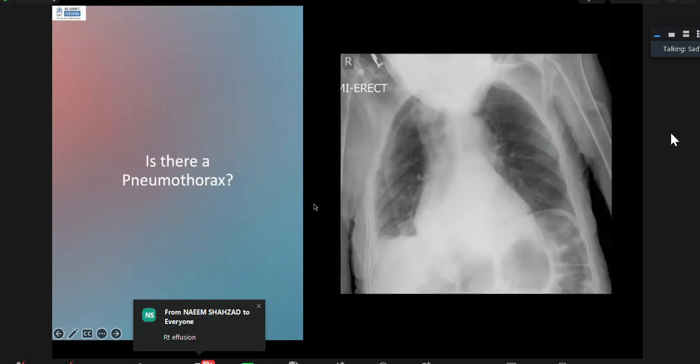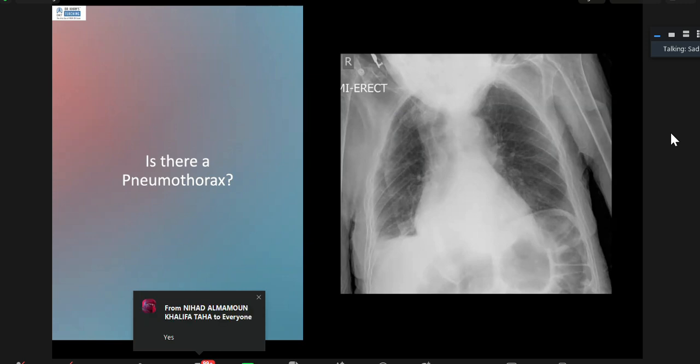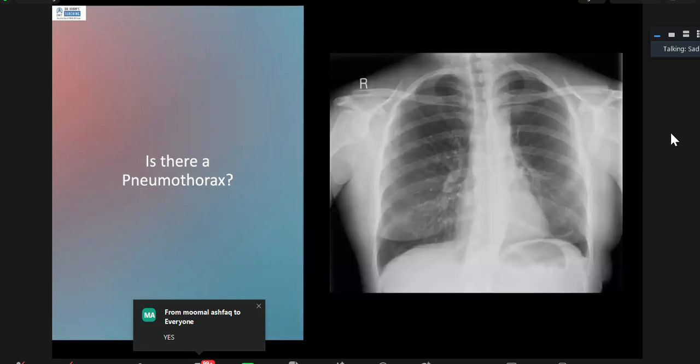Is there a pneumothorax here? And again, you have 20 seconds. And now the next one. Is there a pneumothorax here?